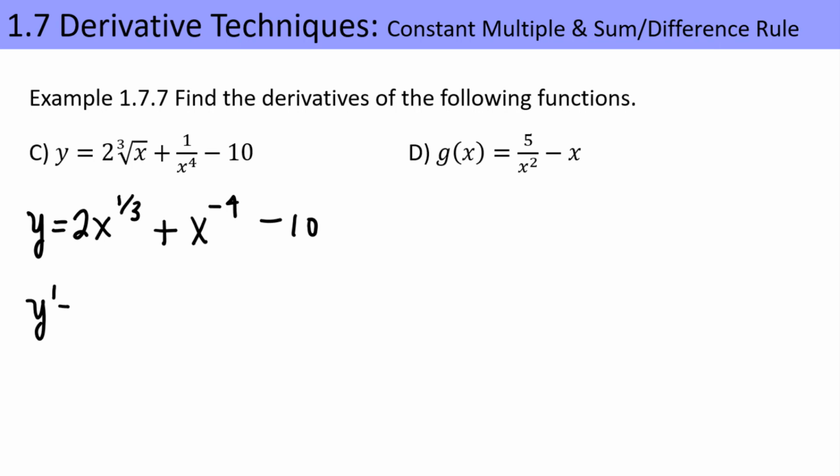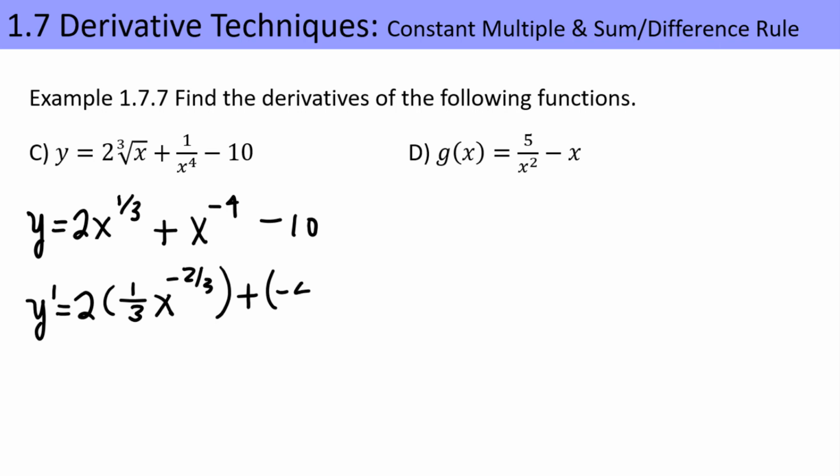Let's write y prime equals 2 times, that's the constant, then the derivative of x to the 1/3. We write the 1/3 as a coefficient, times x, and the power is 1/3 minus 1. As a quick reminder, you need to do 1/3 minus 3/3, which will give you minus 2/3, plus the derivative of x to the minus 4.